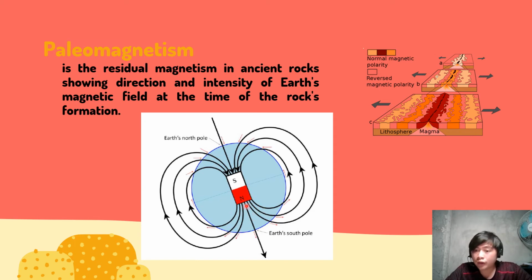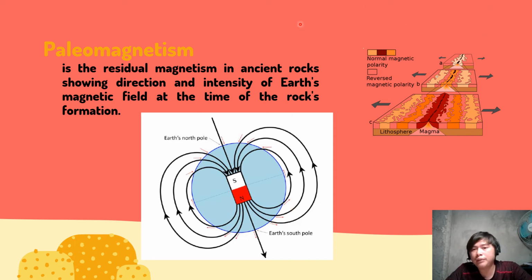It is the core that releases the magnetic field that protects us from solar winds. So the red arrow there represents the orientation of the magnetic field at various locations on Earth's surface.